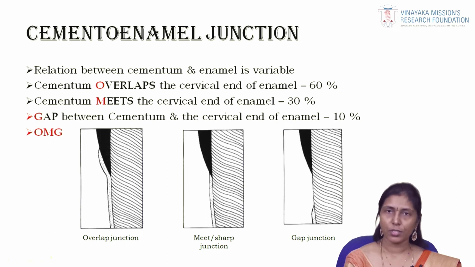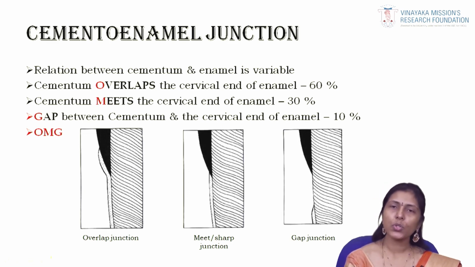Next, coming to the cementoenamel junction. What is the cementoenamel junction? I have already said crown and root portion. The crown portion is covered by enamel, the root portion of the tooth is covered by cementum. The exact point where the enamel and cementum meet, you call it the cementoenamel junction. The relation between the cementum and enamel is going to vary between individuals.